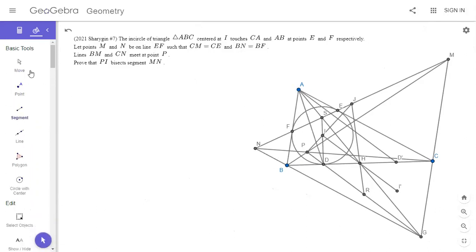I'm going to delete AD prime. Yeah, we don't need point S. I'm going to redraw in some of these lines later.